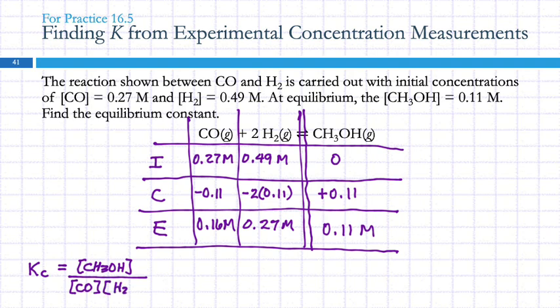Here we have H2, and that one's going to be squared because the coefficient is 2. Now we put the numbers in, but we're going to drop the units. So we've got 0.1 in the numerator, and we've got 0.16 and 0.27 squared in the denominator.